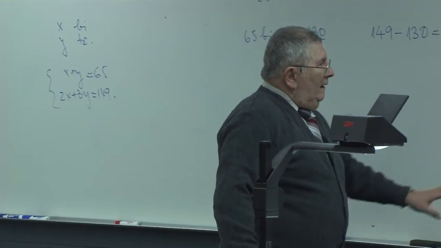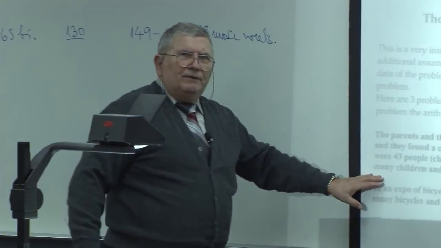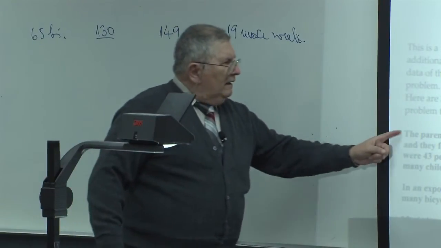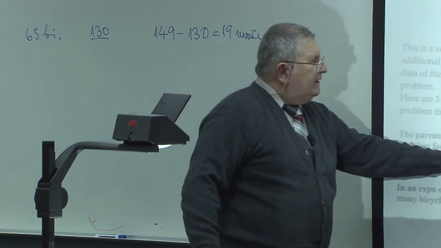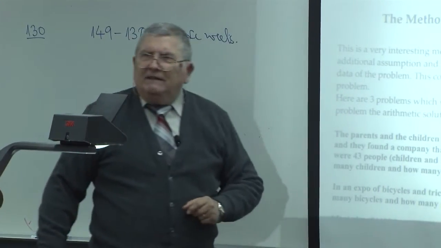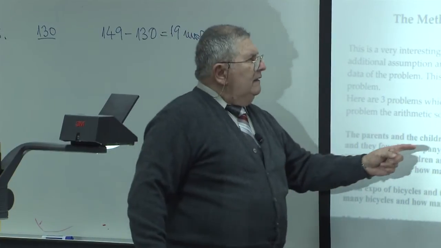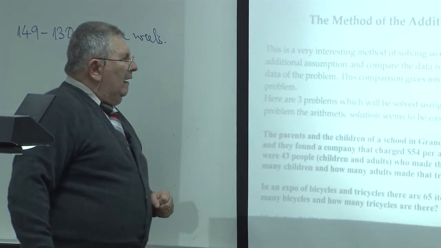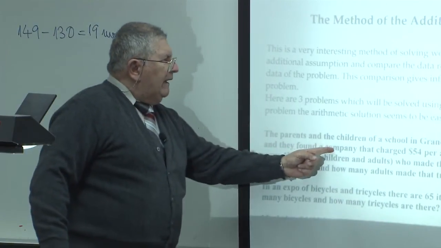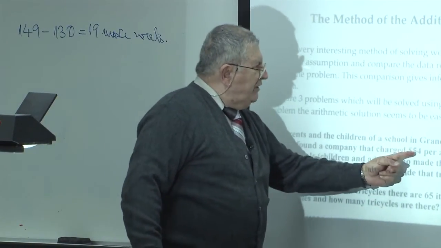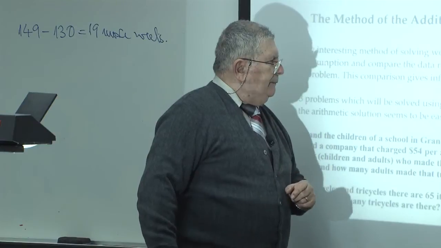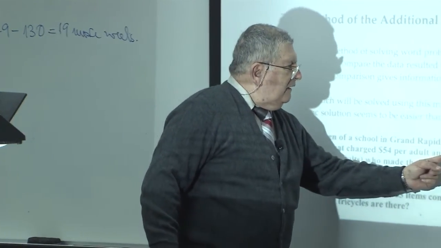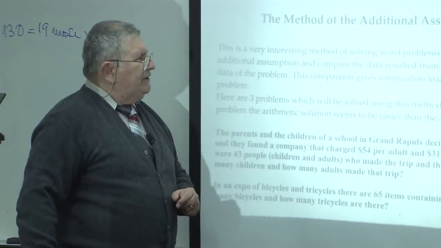This is the method of additional assumption. The second problem: the parents and the children of a school in Grand Rapids decided to make a trip to Chicago. They found a company that charged $54 per adult and $31 per child.